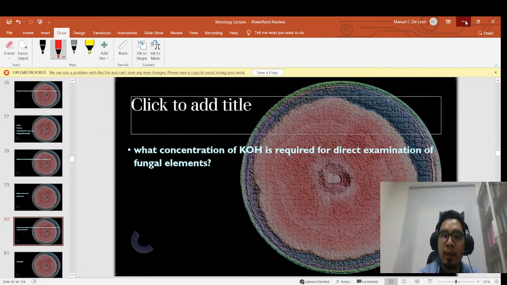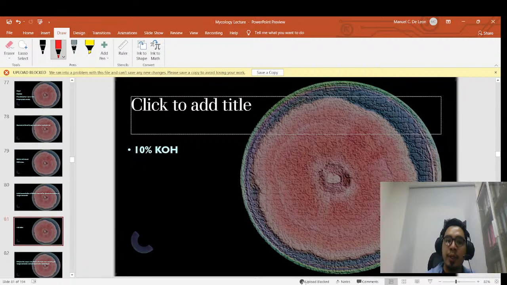B, 20%. Okay. In some books, and in some hospitals, it's actually 20%. But in the Philippine board exam, the answer to the question is actually 10%. All right, 10%. Which book did I check that out on? Because I'm confused also about what percentage.